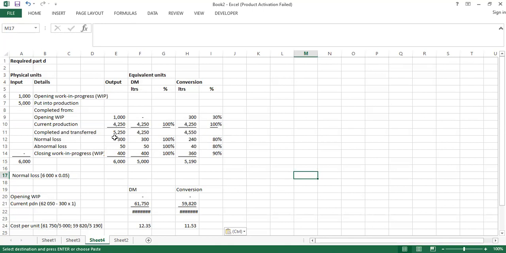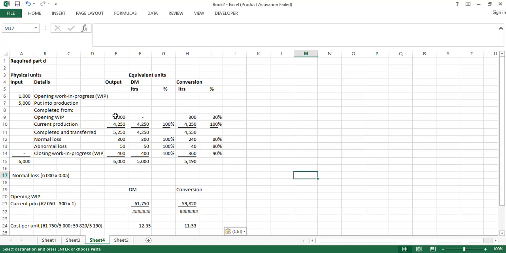So one thing about the weighted average method is it does not draw a distinction, for starters, between the opening work in progress and the closing work in progress. So you basically start off from your completed and transferred there. So you don't have these two rows here.